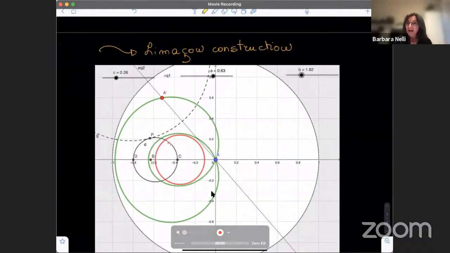The limaçon construction can be done in the hyperbolic space. In the Euclidean case it's sometimes called the pedal curve, but this is more general. It's something like this: you take a circle, you take a point, and then you take a tangent to the circle, and you construct the curve by taking the symmetric of this point with respect to the tangent to the circle.